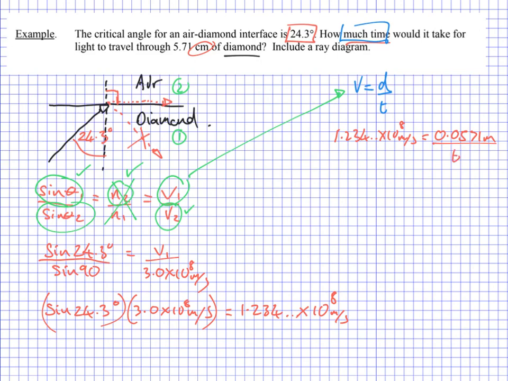And so I'm going to get a value for time, how long it takes to travel in the diamond. If I rearrange and solve, I get 4.63 times 10 to the negative 10 seconds. Yeah, it's really quick, but that's because it's the speed of light. And it's only traveling in a little diamond, although actually 5.71 is a pretty big diamond. So there you have it.